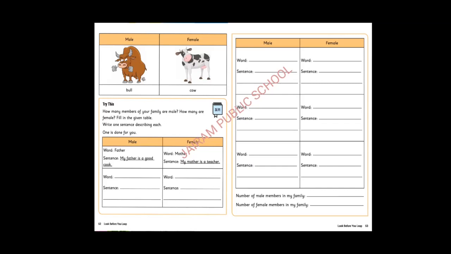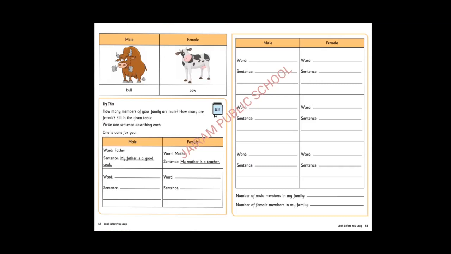Think about the number of family members, how many are male and how many are female. Write one sentence describing each. We have to write their names, like father, mother, brother, sister, nephew, niece, uncle, aunt. We can write anything like that and describe them.